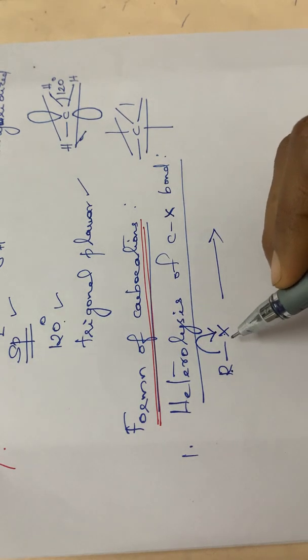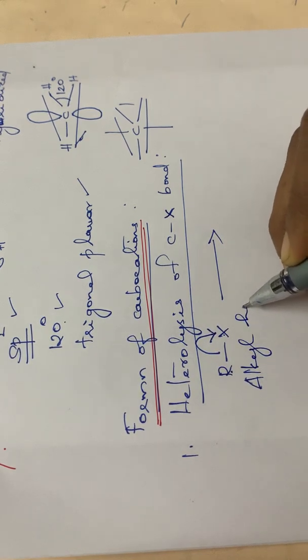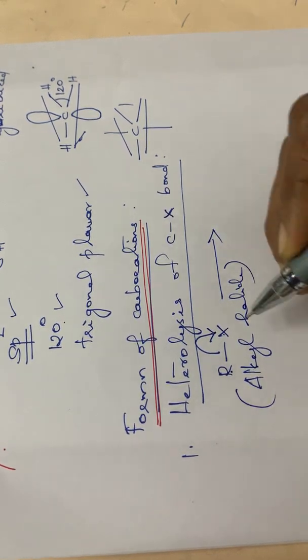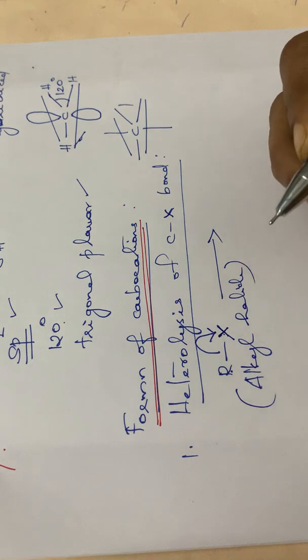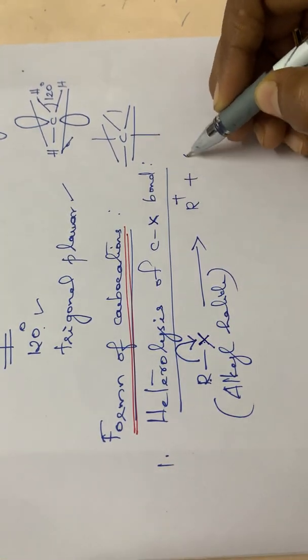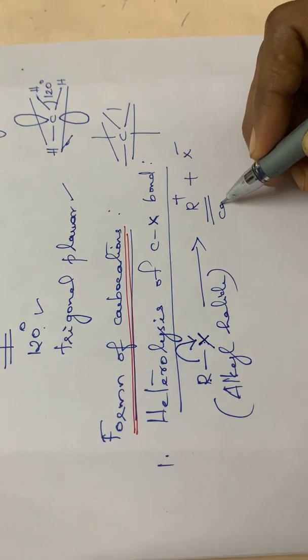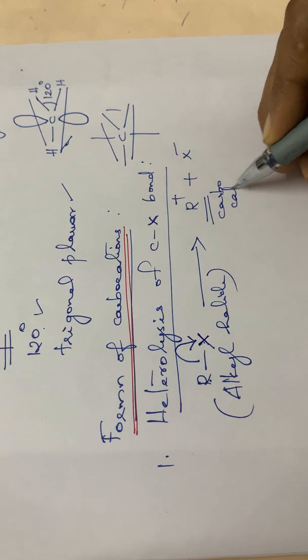So we will be having R plus and X minus. This is the carbocation formed.